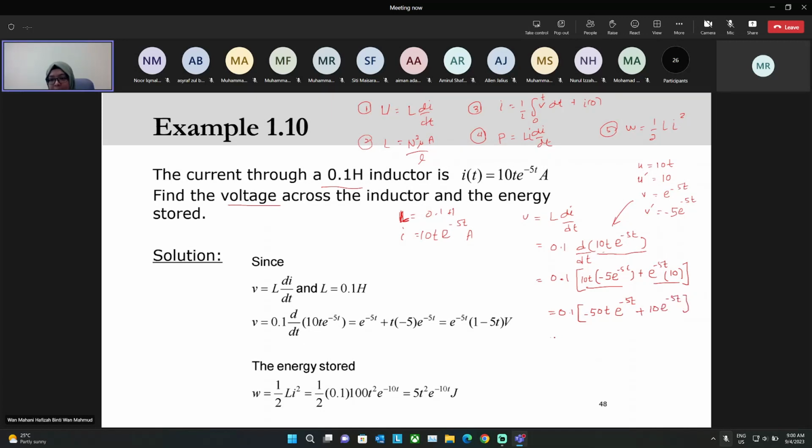Don't forget you have 0.1 in front. 50 times 0.1 you get 5, right? Negative 5t exponential negative 5t, plus 0.1 times 10 is 1. So the 10 in front disappears.